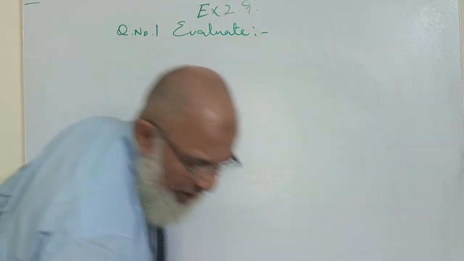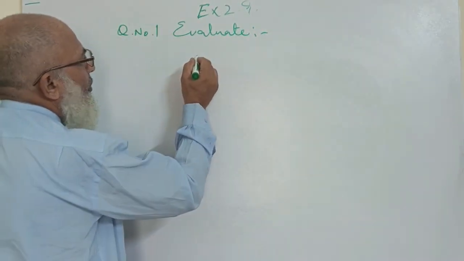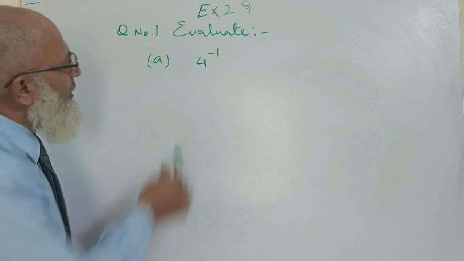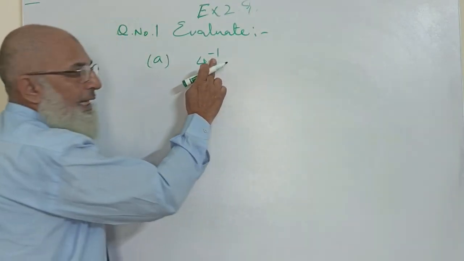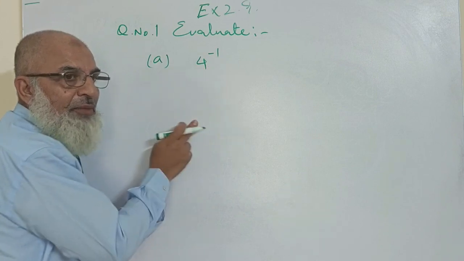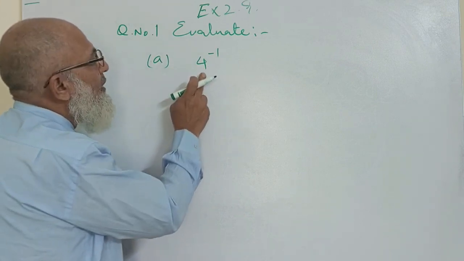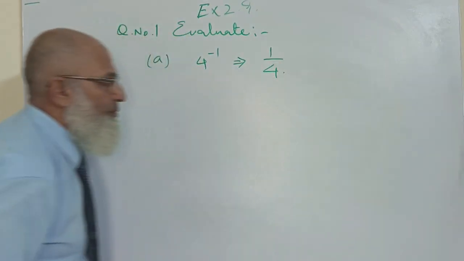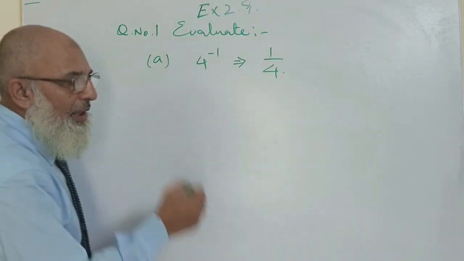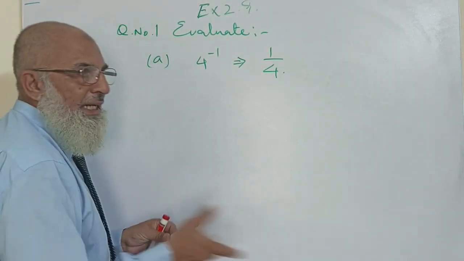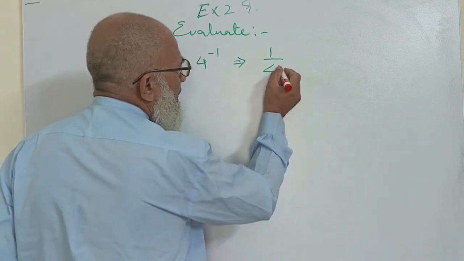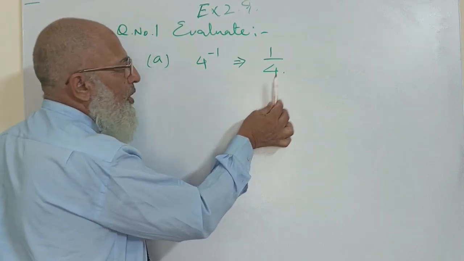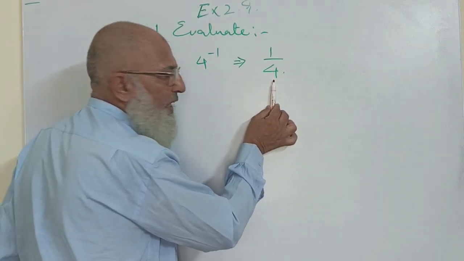Now what we have to evaluate is part A, 4 minus 1. So what does it mean? It means that it has come from the denominator. The 4 has come from the denominator, so take it back to the denominator. It will be like this. You see, I just repeat the process from the back side. Now this is the base, either a constant or a variable.